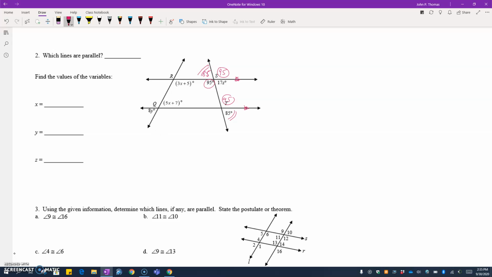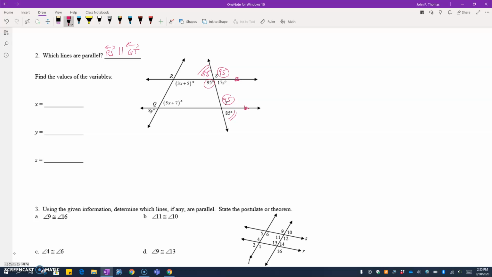So we're going to say RS is parallel to QT. And again, that's based on either alternate exterior angles, congruent implies parallel, or alternate interior angles. We could use any of the rules here just by continuing with vertical angles.